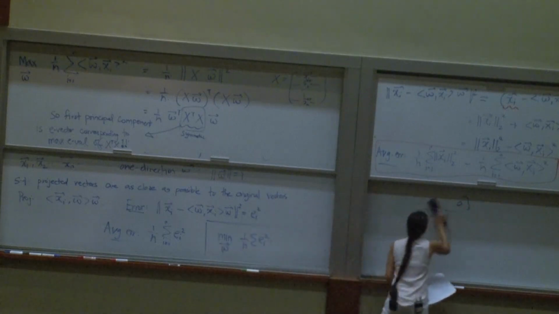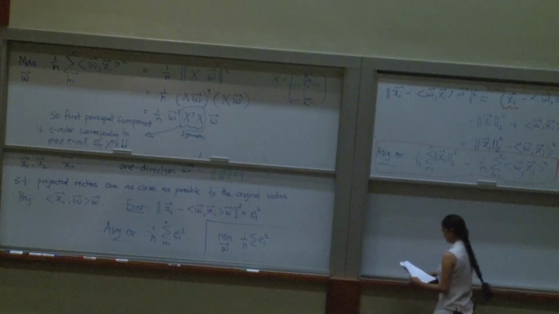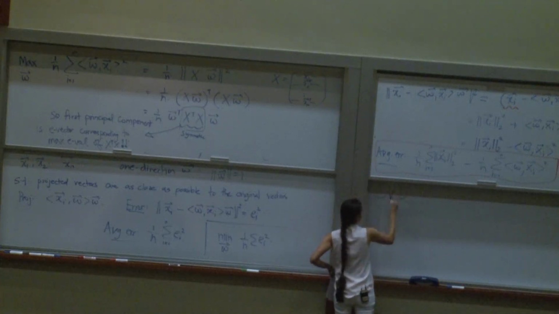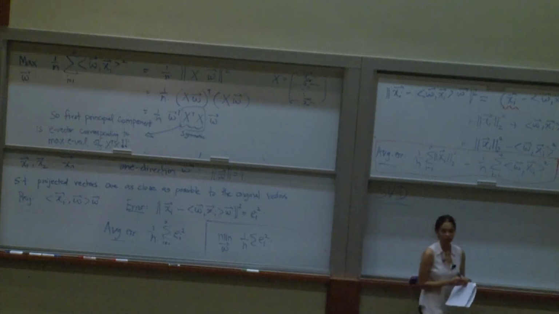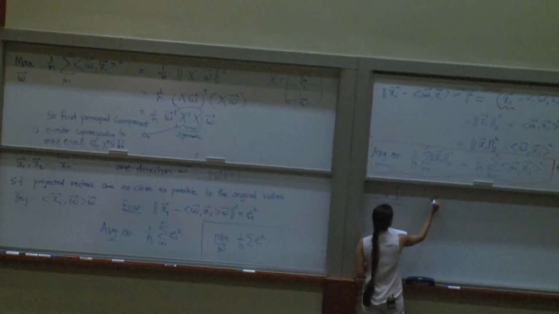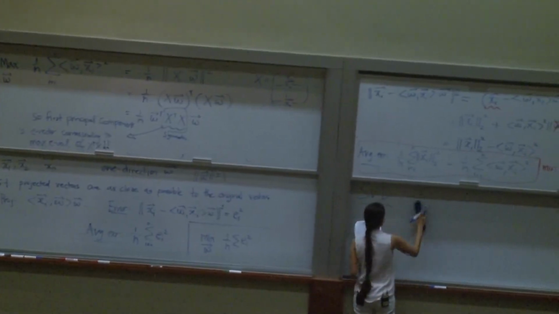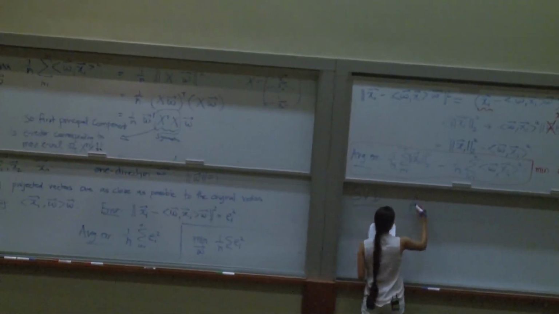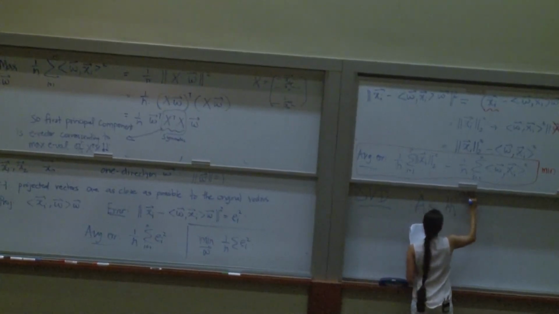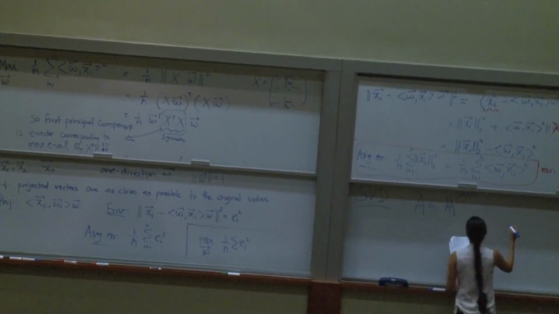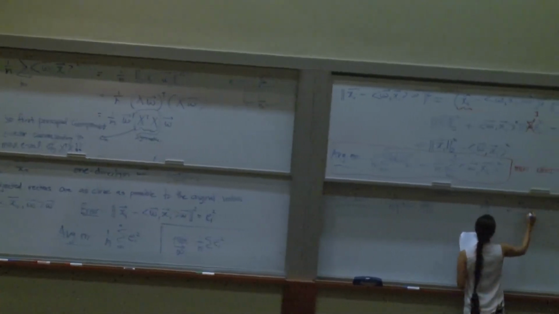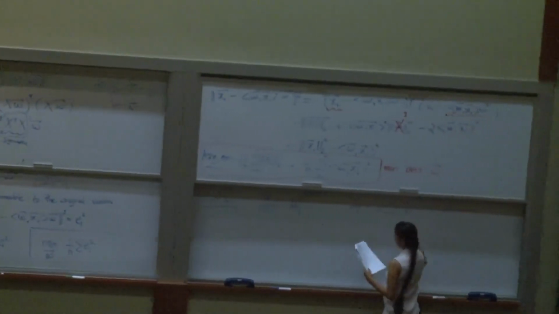What is the singular value decomposition for a particular matrix? You've all done some homework on this, so you've been forced to look this term up. The SVD of a particular matrix A, not necessarily symmetric, so A belongs to R m by n, is given as A equal to U sigma V transpose, okay?